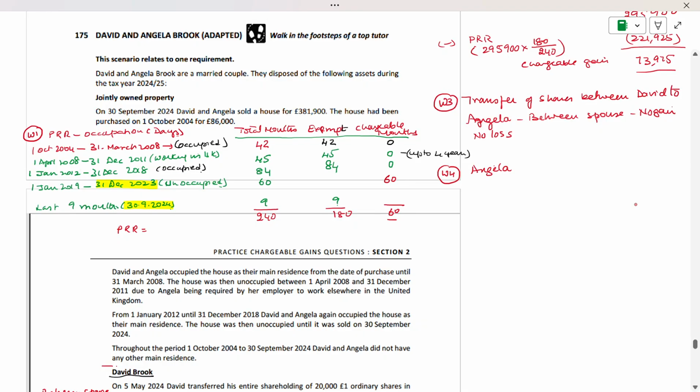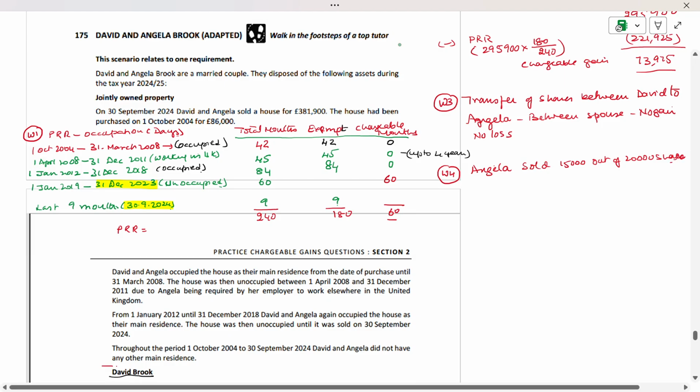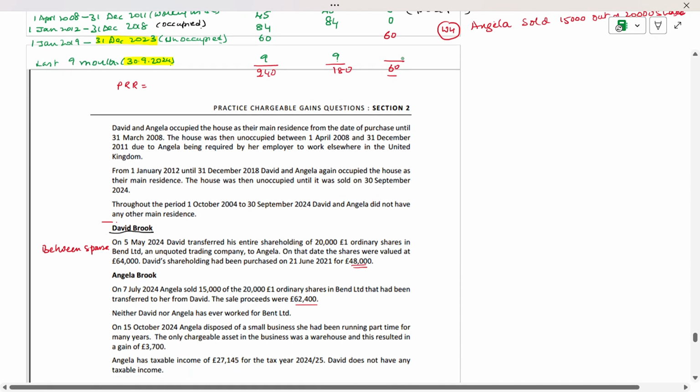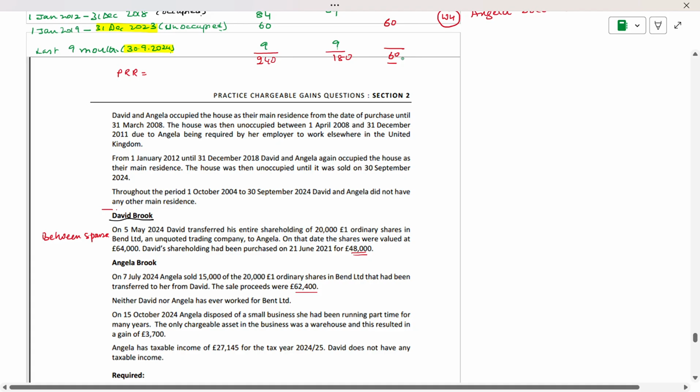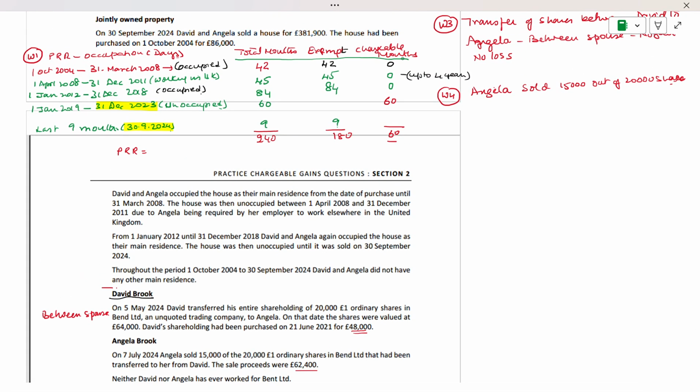Working 4. Angela sold 15,000 out of 20,000 shares on 7th July 2024. The sale proceeds are 62,400.